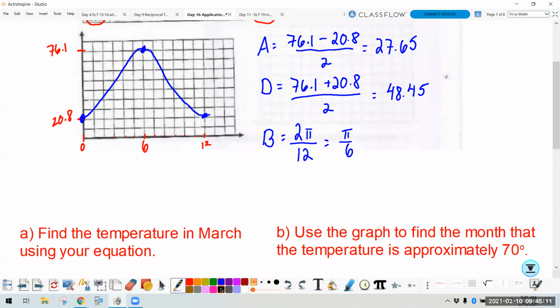So now we go to write our equation, and I prefer to pick cosine because either we can do a reflective cosine with the minimum or a positive cosine here at the max, and that's going to change our C value. So I'll write both. We got y equals amplitude cosine B x plus the midline.